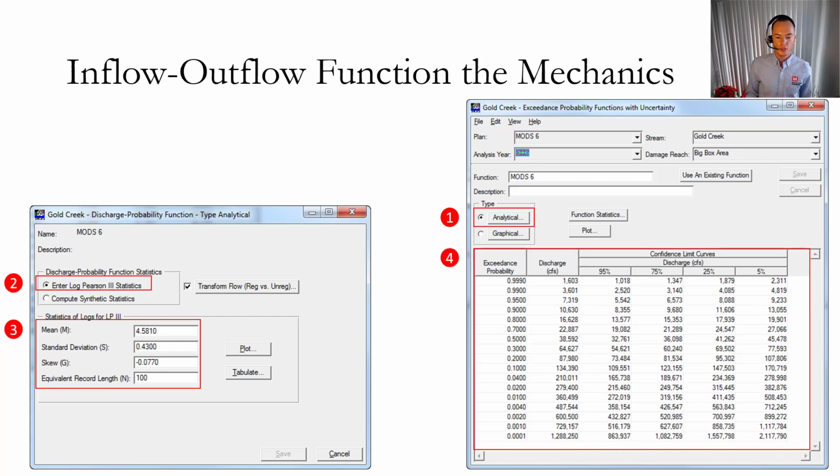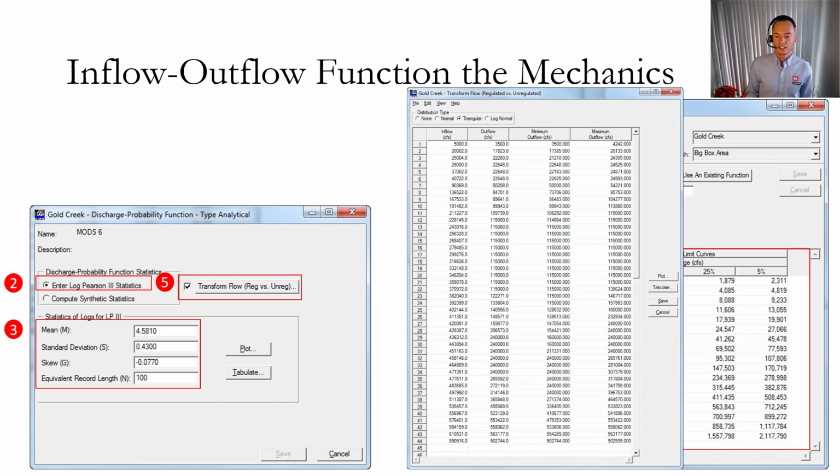Fourth, the uncertainty about the discharge exceedance probability function will be calculated after the log Pearson type 3 distribution characteristics are saved. Fifth, select transform flow regulated versus unregulated. Sixth, select the type of uncertainty distribution to use around the transform function.